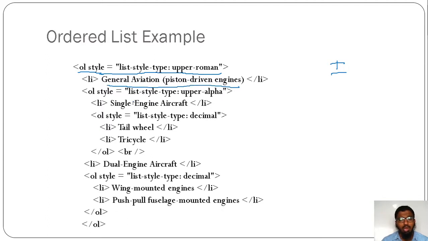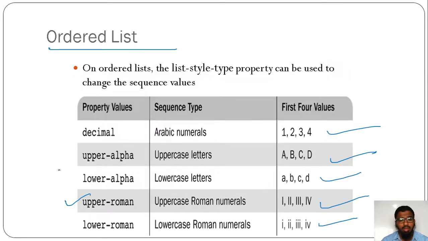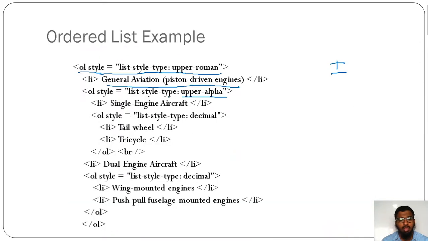Next, the OL style list-style-type is upper-alpha. What is upper alpha? Upper alpha means upper alphabet. First it will be capital I, Roman number, then capital A. Next, the OL list type is decimal. Then it will display 1.